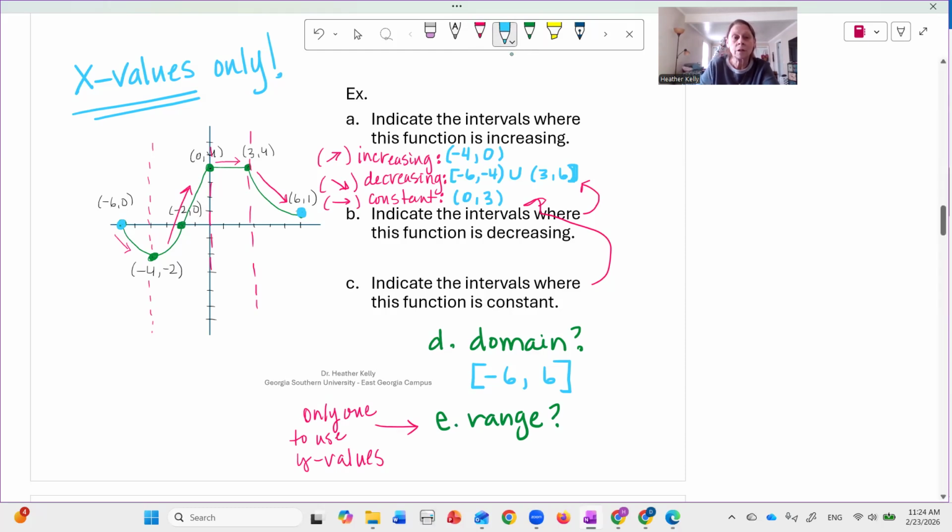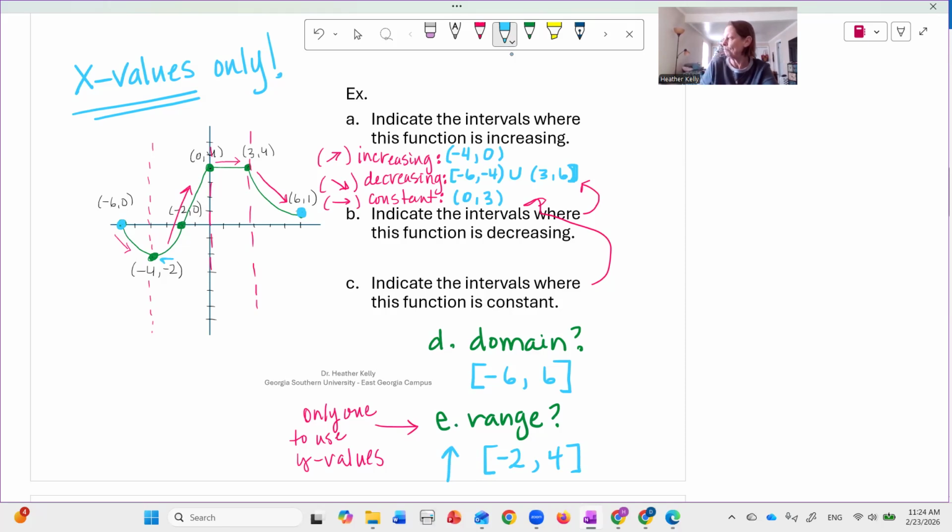And the range is going to, and now remember when you do the range, you start from bottom and go up to the top. So the lowest value is -2. This is it. And the highest value is 4.